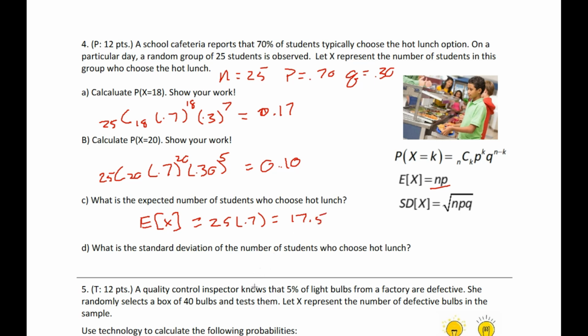That's how many students we expect to eat it on average. And the standard deviation equals the square root of n times p times q, which would be the square root of 25 times 0.7 times 0.3. And in this case, it ends up being 2.29.